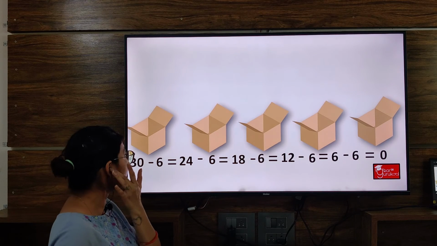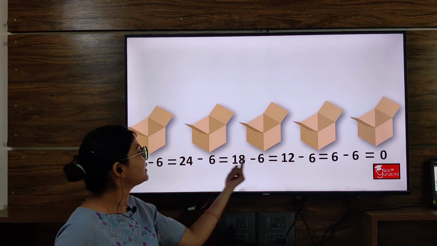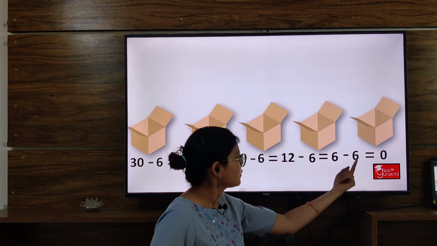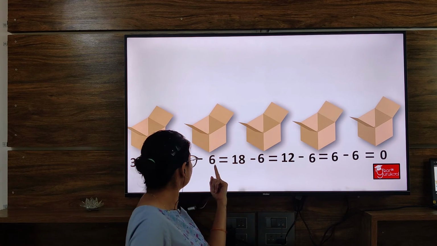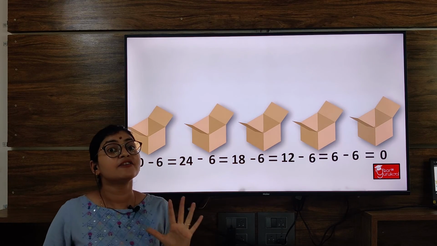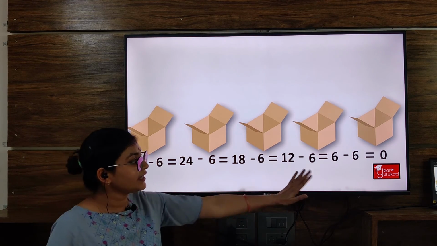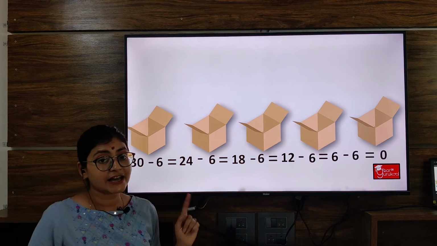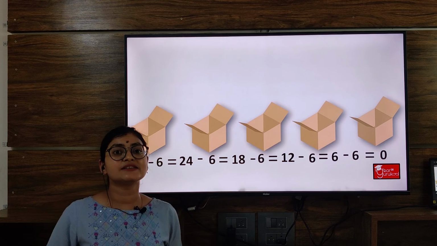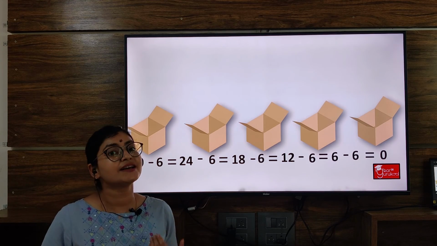So here also we repeatedly subtract, 1, 2, 3, 4, 5 — we repeatedly subtract 6, 5 times to get the answer. 5 times 6 is 30. It means the solution that we did was correct.